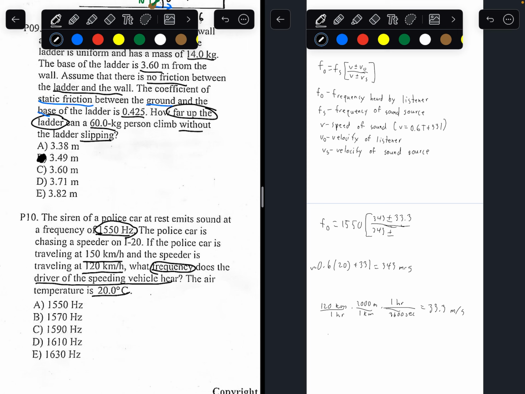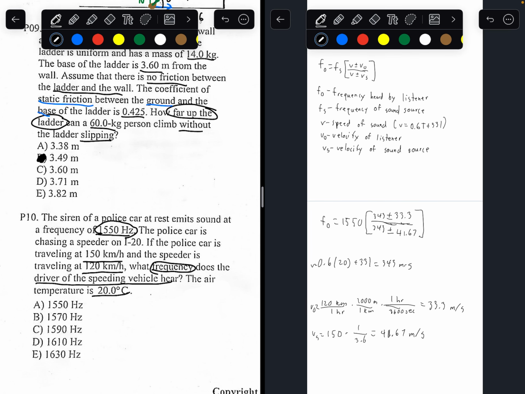Using the same method for the police car, just to save time, I'll do 150 times 1 over 3.6 to get 41.67 meters per second. This is the source velocity. So this would be 41.67.